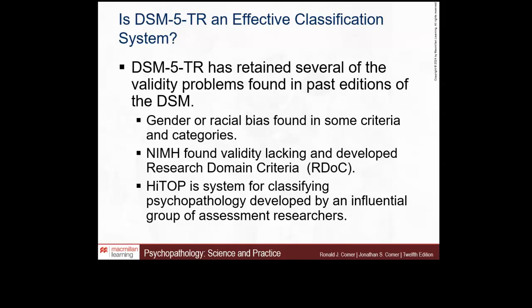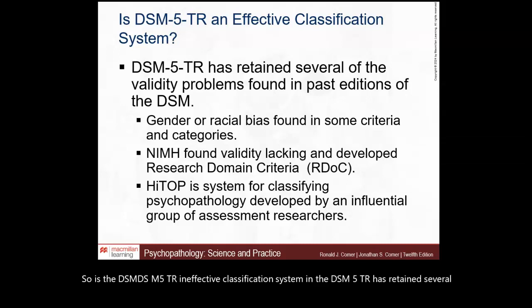So is the DSM-5-TR an effective classification system? The DSM-5-TR has retained several of the validity problems that have been found in past editions of the DSM.